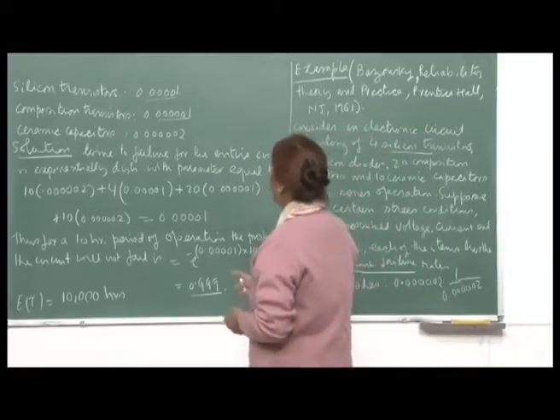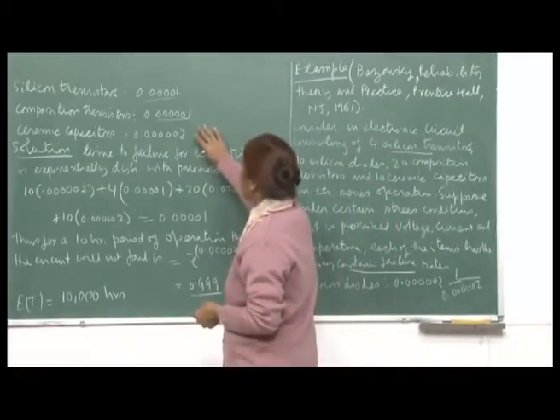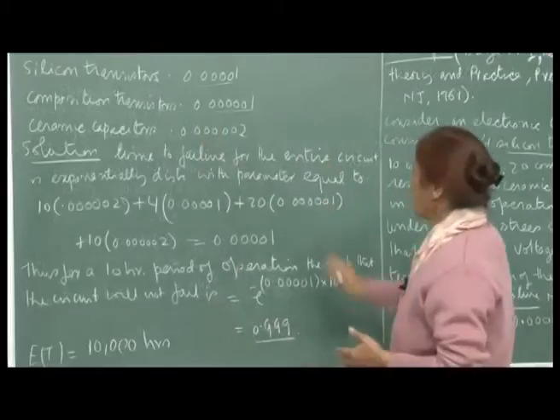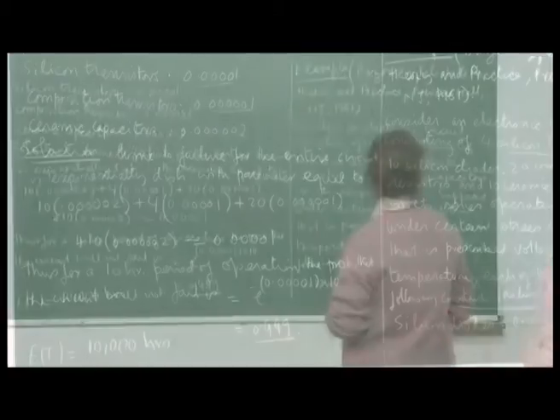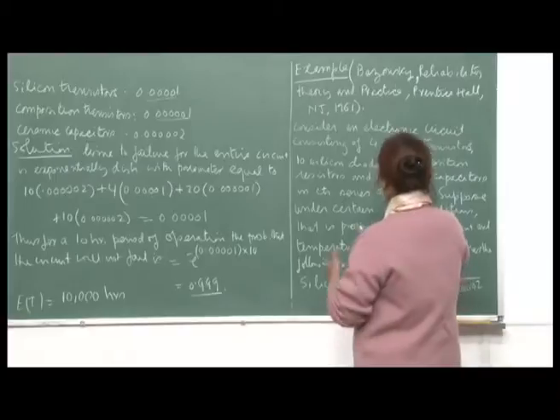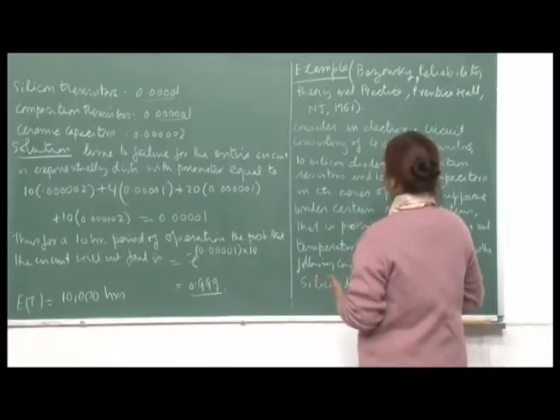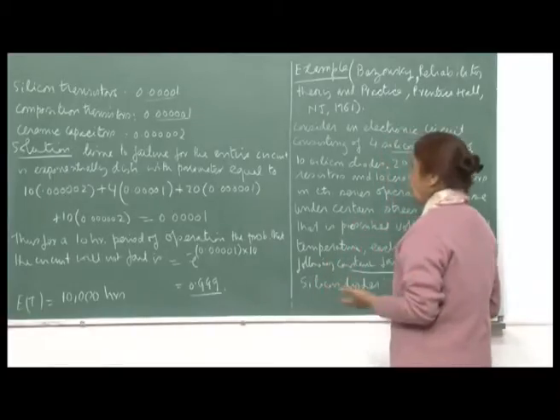So, similarly these are the various numbers. Each follows the exponential failure law, and we are assuming that they are functioning independently of each other.